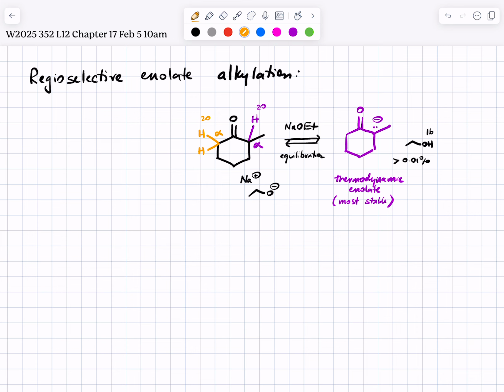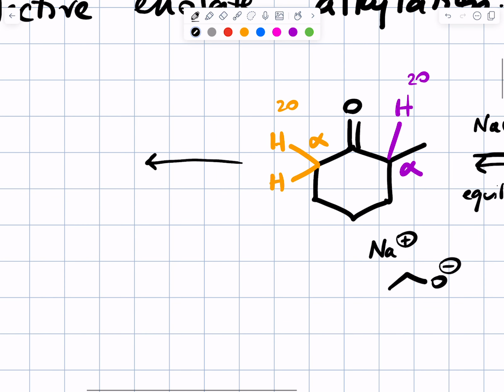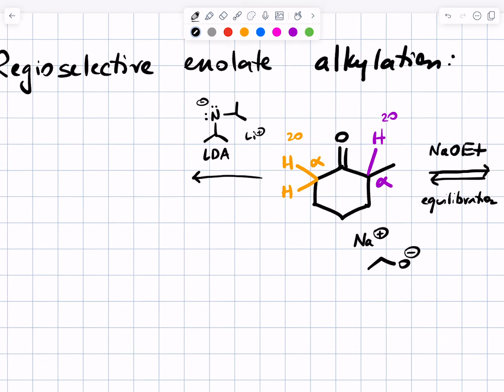Alternatively, we presented a situation where you might use a base that was much stronger, that could completely deprotonate the alpha proton. We called this base LDA. That stands for a nitrogen with 2 lone pairs and a negative charge with 2 isopropyl groups on it, and the L stands for the lithium counter ion.